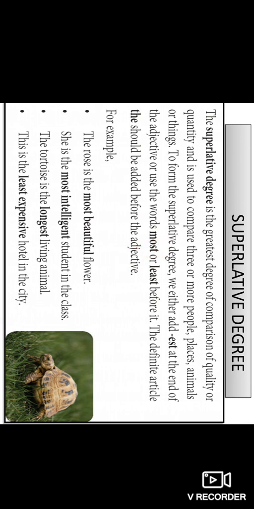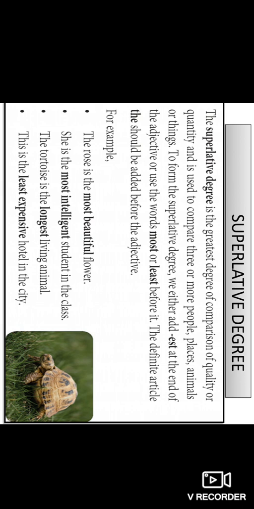See children, superlative degree means if I am comparing you with the whole class. If I am telling you that you are a good student, it will be the positive. If I am comparing you with your friend, it comes under comparative degree. If I am comparing you with the whole class, if I am talking about all the other people in the class, then it comes under the superlative degree.